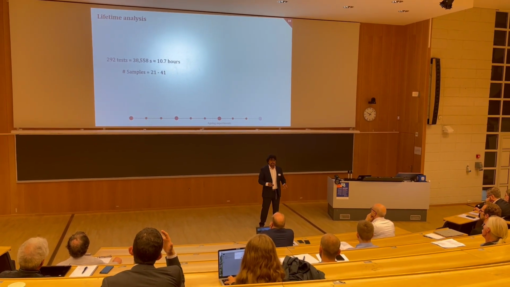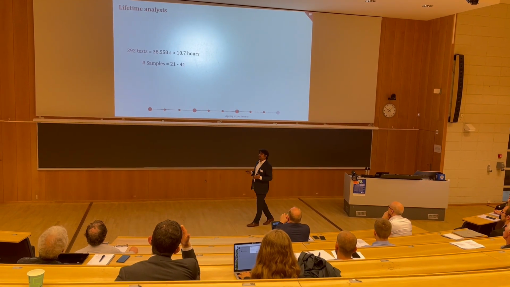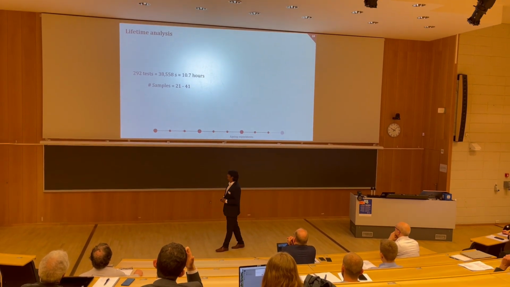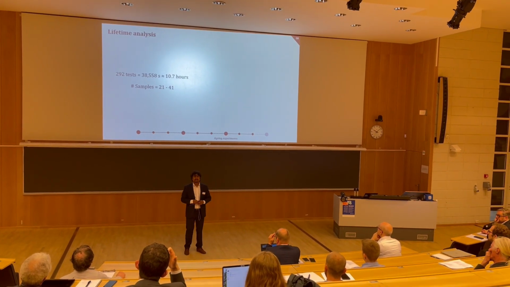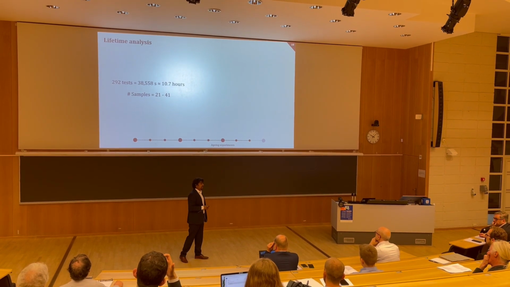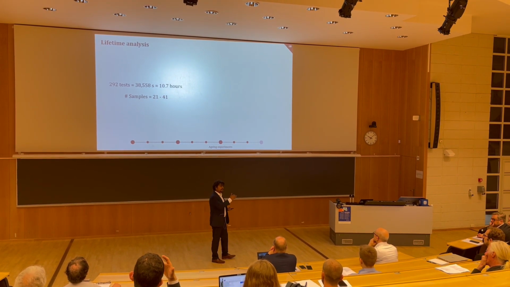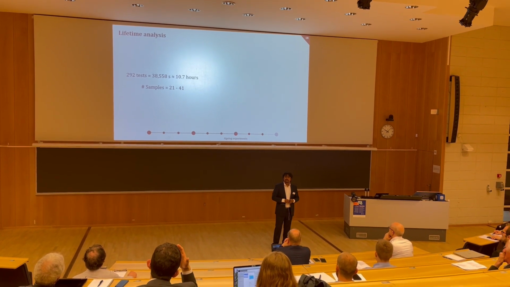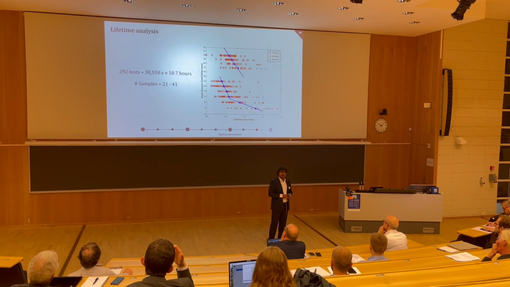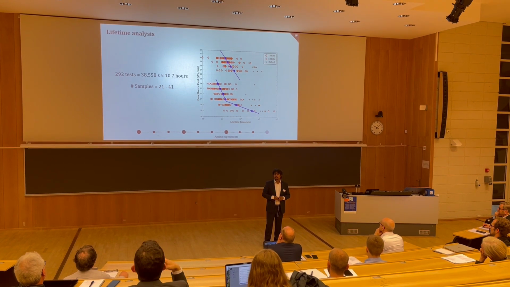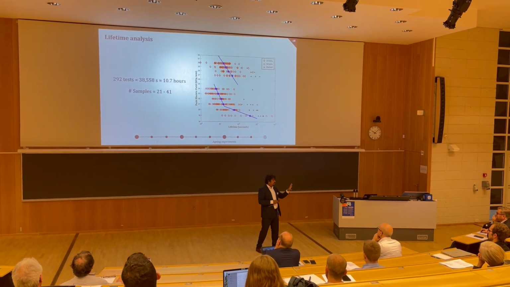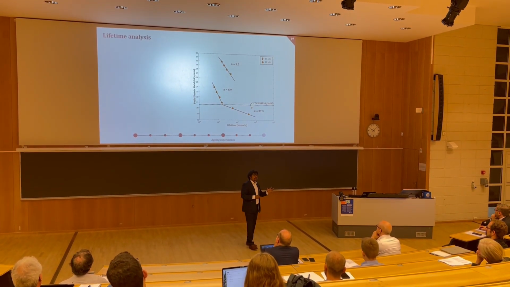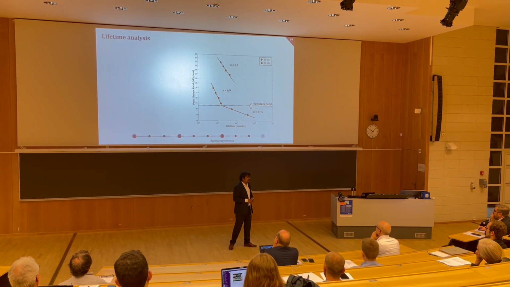Moving on to the aging experiments, we performed 292 tests in total, which corresponds to about 10, 11 hours of testing time. We selected different electric field strengths, depending on the breakdown strengths that we performed before, and we got a graph like this. This is a bit messy graph, so maybe we clean it down like this, and this looks better.